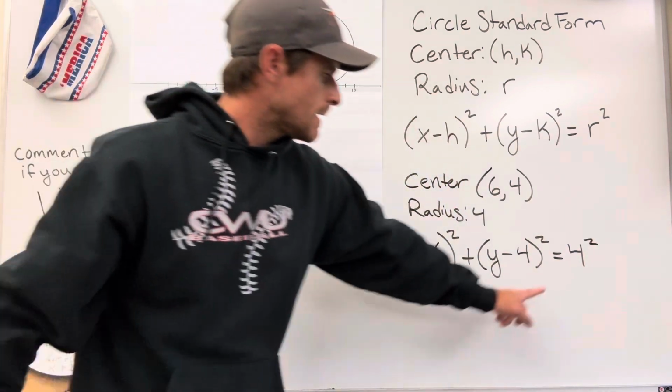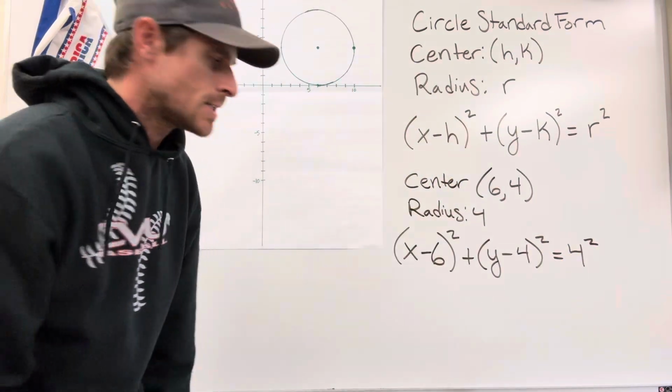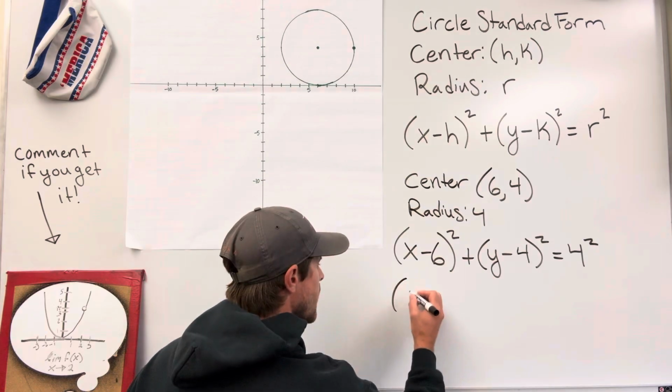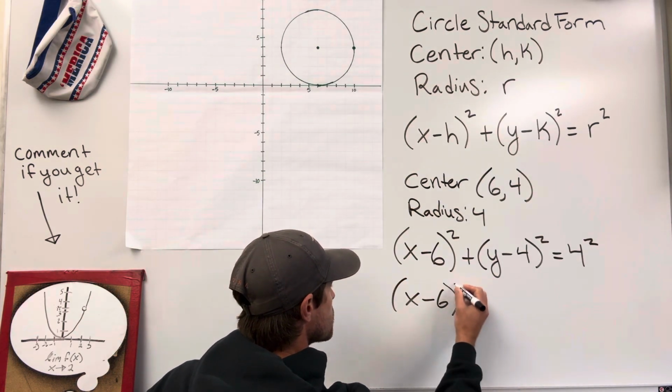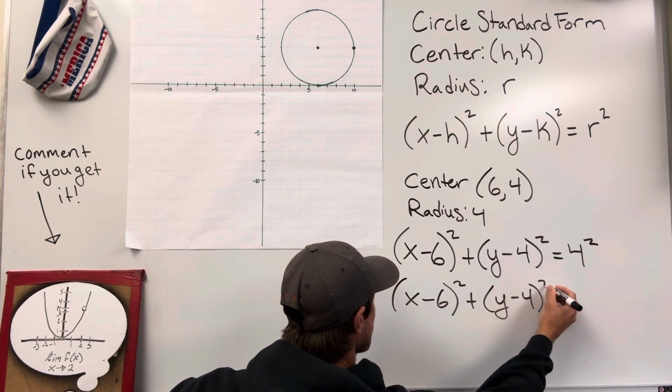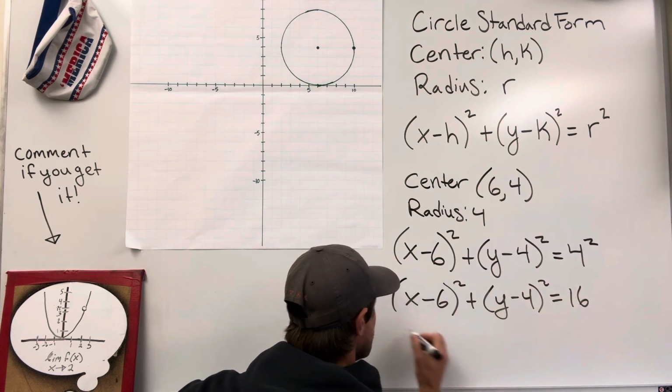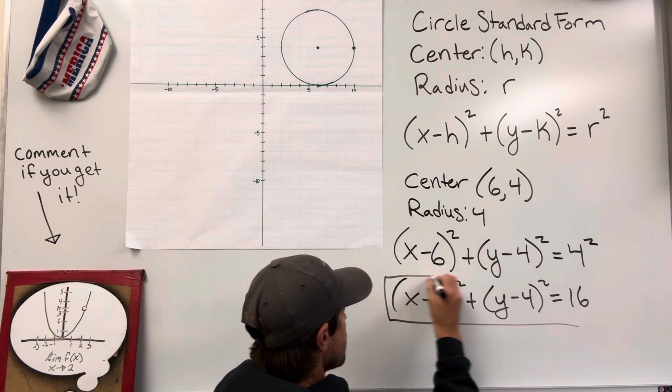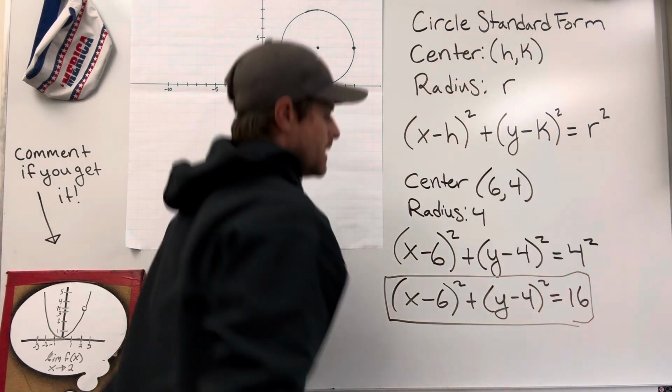So one thing I can clean up here is 4 squared can turn into a 16. So my final answer is going to be (x minus 6) squared plus (y minus 4) squared equals 16. This here is our equation for the given circle.